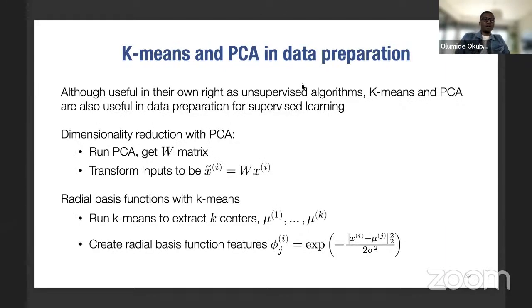They're useful as unsupervised algorithms, but they're often used for data preparation. Often, with dimensionality reduction with PCA, you run the PCA, you get a W matrix that is K, and you transform the inputs from x to xi, so you've reduced the number of principal components, and in essence, you've reduced the number of columns.